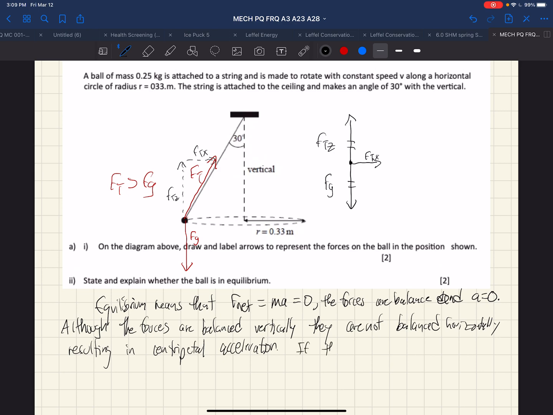Since there is non-zero acceleration, the ball is not in equilibrium.